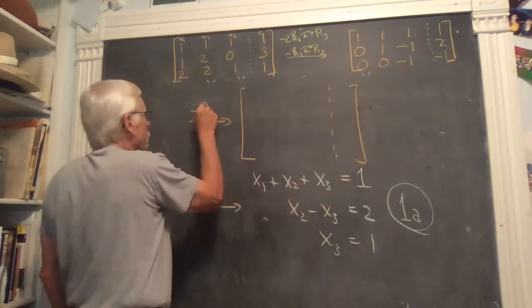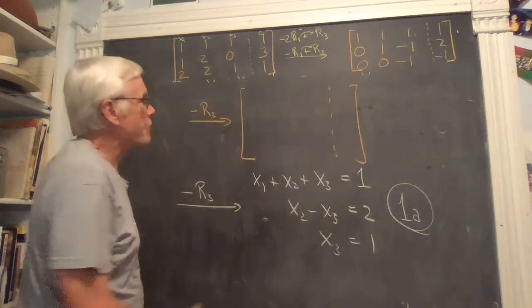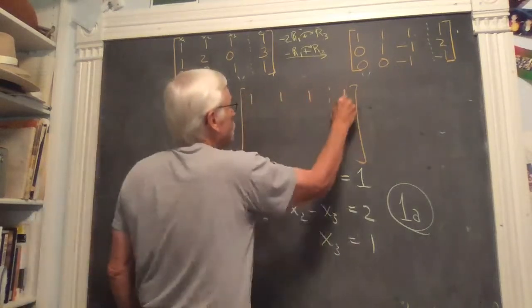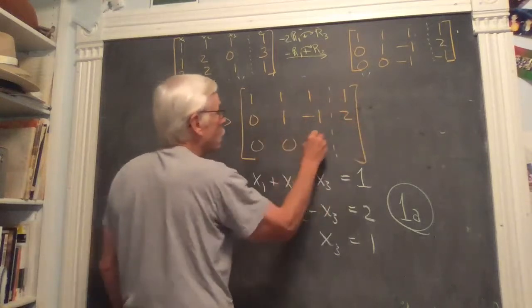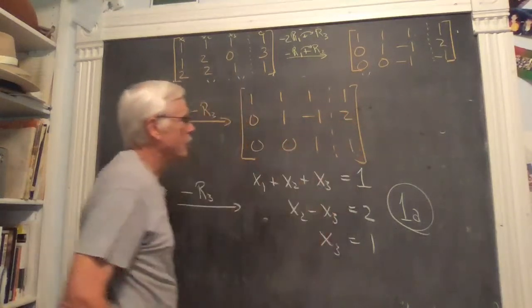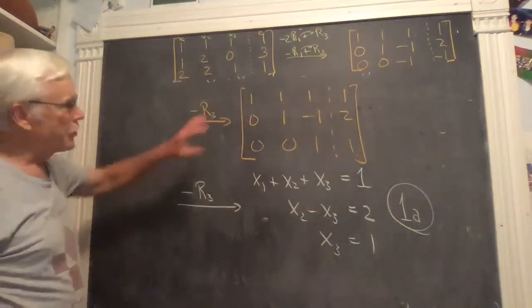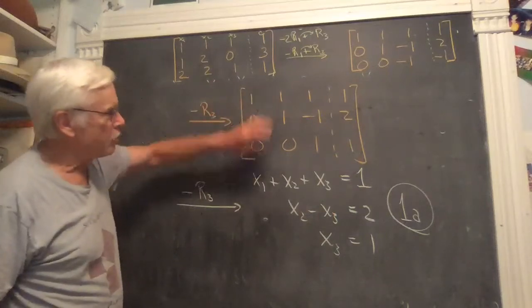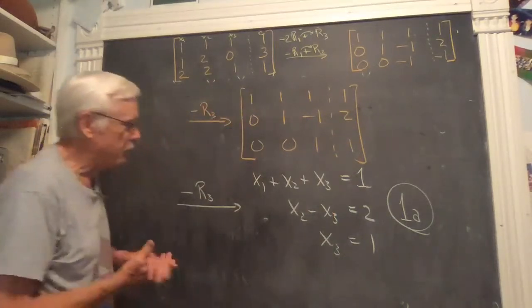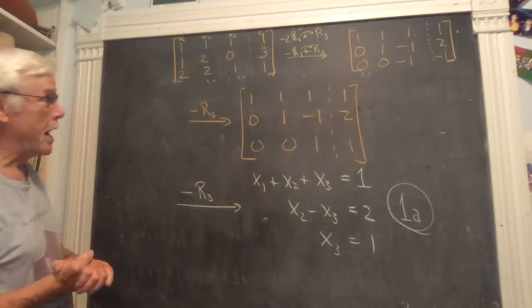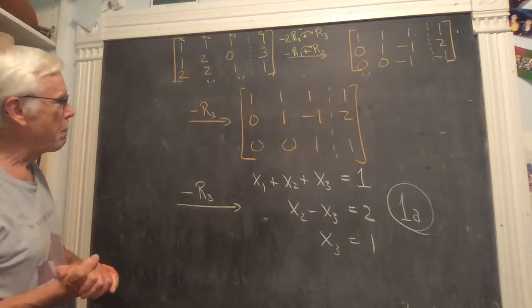So minus row 3: 1, 1, 1, 1. 0, 1, minus 1, 2, 0, 0, 1, 1. So then this represents a triangular matrix. And that triangular matrix can be easily solved by back substitution.